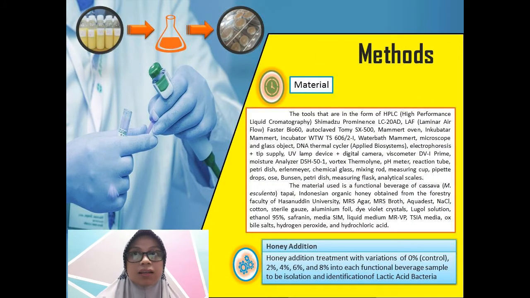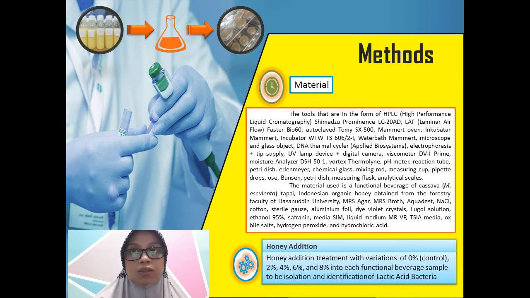Next, the method. The tools are in the form of HPLC, laminar airflow, autoclave, oven, incubator, water bath, microscope and glass object, DNA thermal cycler, electrophoresis and power supply, UV lamp device, and digital camera.